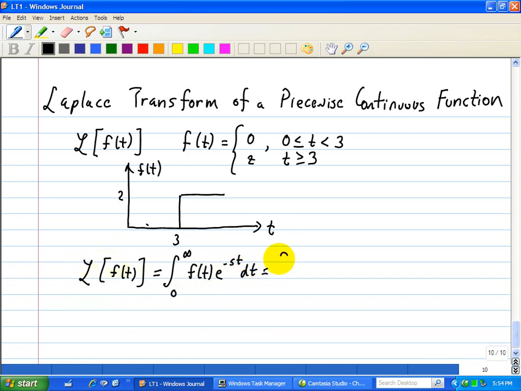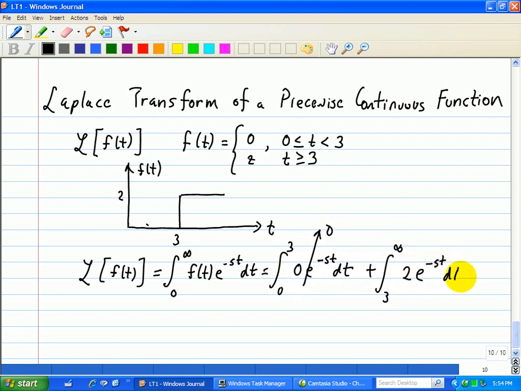Now we're going to have two integrals, one from 0 to 3, that's 0 times e to the minus st dt. So this one goes to 0, plus from 3 to infinity, 2 e to the minus st dt, since the value is 2 when t is greater than or equal to 3.